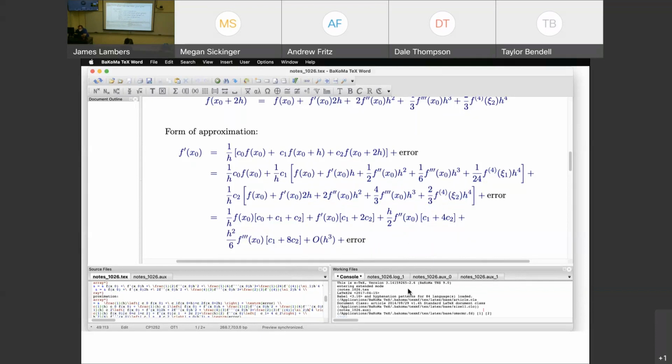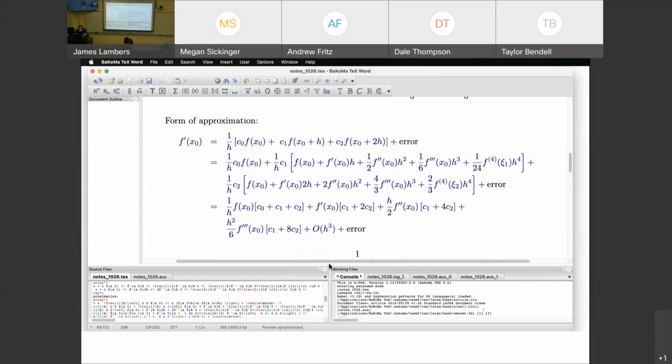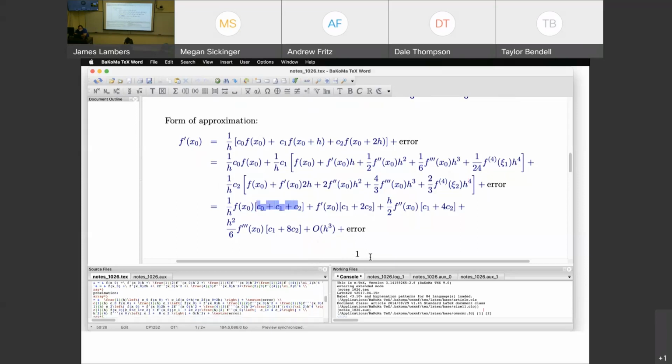Okay. Now, since I have three coefficients, I have three equations that can determine them. So I don't want f of x0 in my expression. I want f prime. So this should be 0. Since I want f prime, this should be 1.